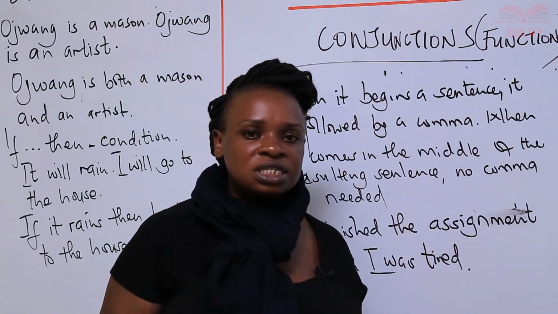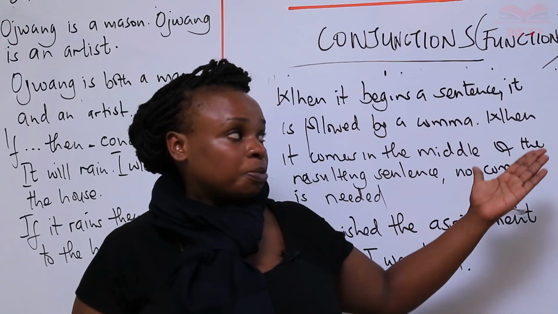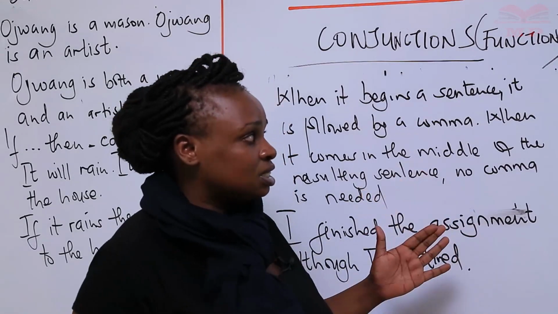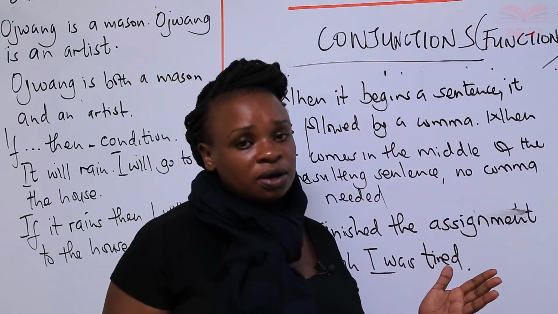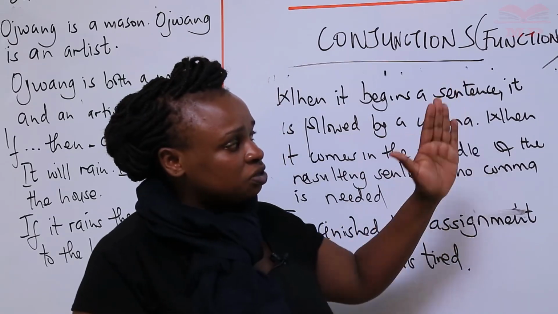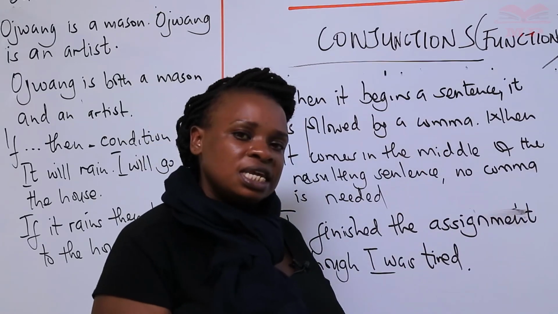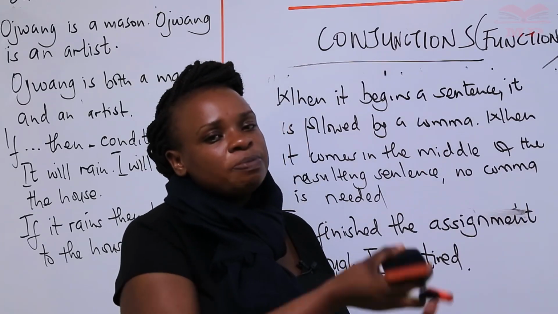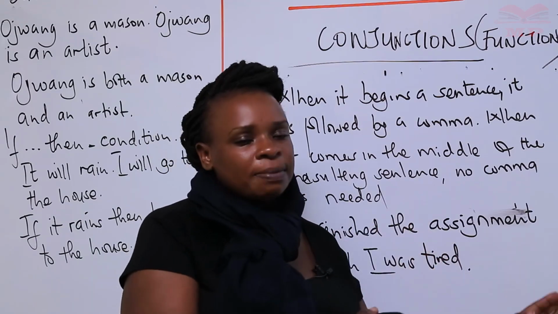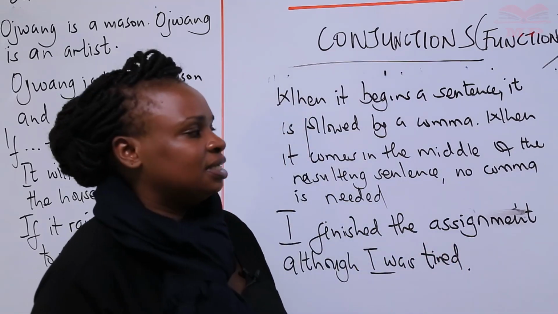Some can give choices, but now in the negative. And then the subordinating conjunctions, which are used to introduce subordinating clauses. And these subordinating clauses depend on the main clause to make sense. All right. And these subordinating conjunctions include the ones that we just gave here. And we've said that when they come at the beginning, then there must be a comma. But now when they come in the resulting sentence in the middle, then there's no comma needed.